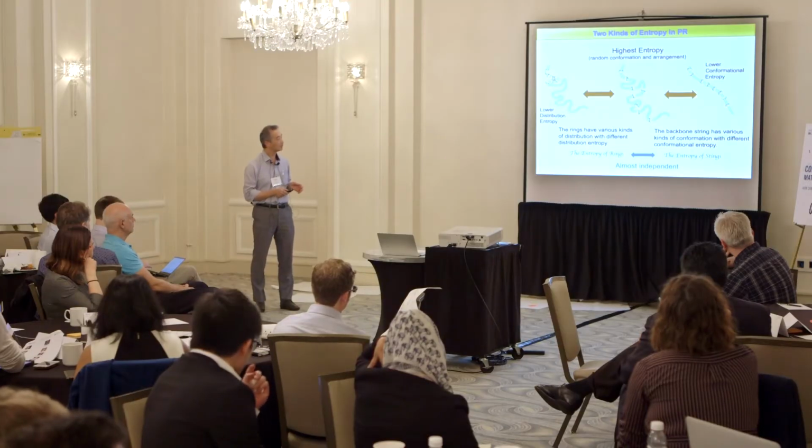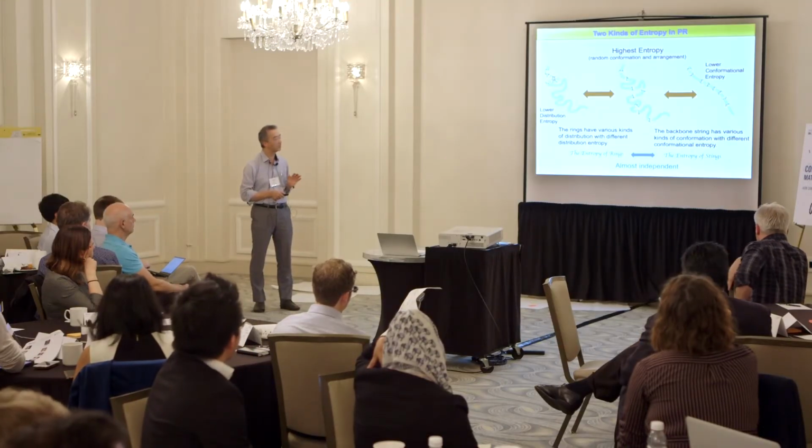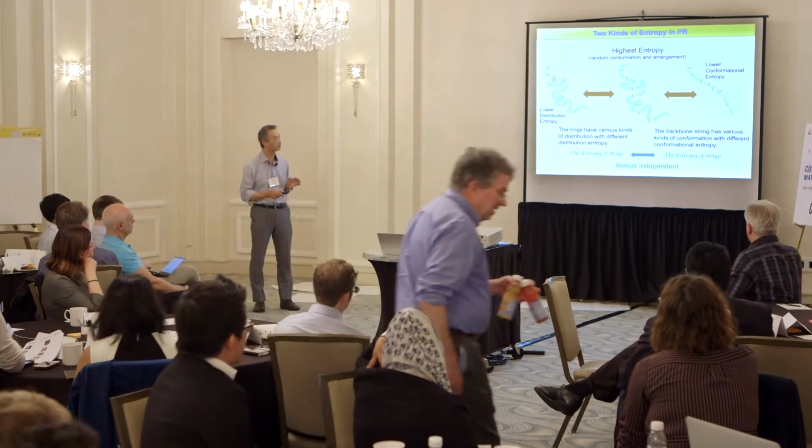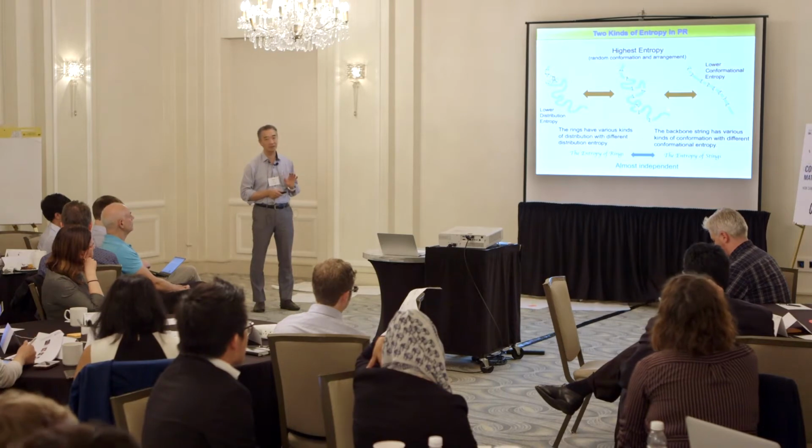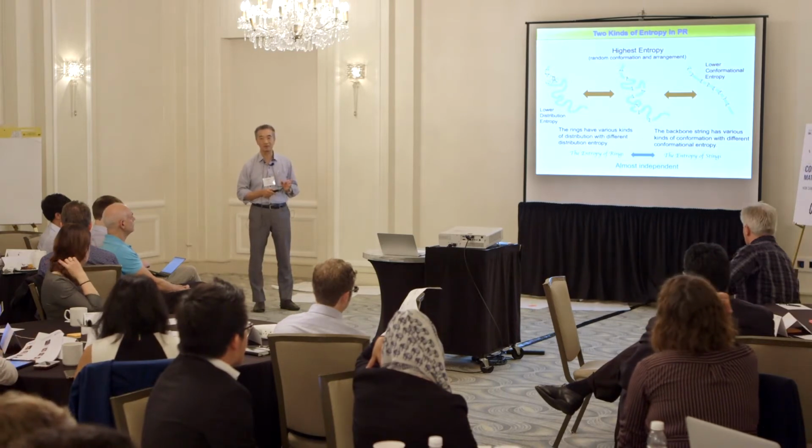On the other hand, these ring molecules can form aggregation or distribute sparsely, randomly in the polymer chain. So this polyrotaxane has two kinds of entropy, entropy of rings and entropy of strings. But in the case of polyrotaxane, these two kinds of entropy are almost independent of each other. But when they are cross-linked, the situation is drastically changed.